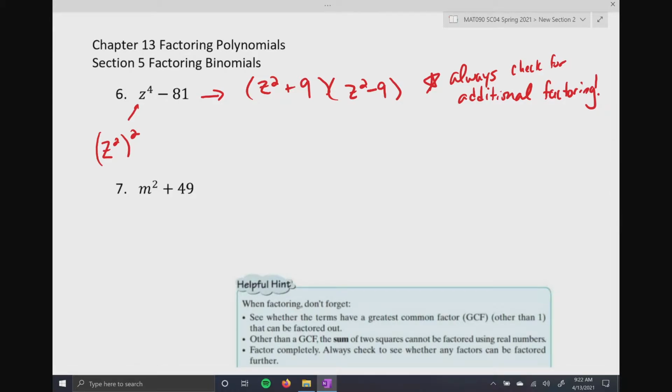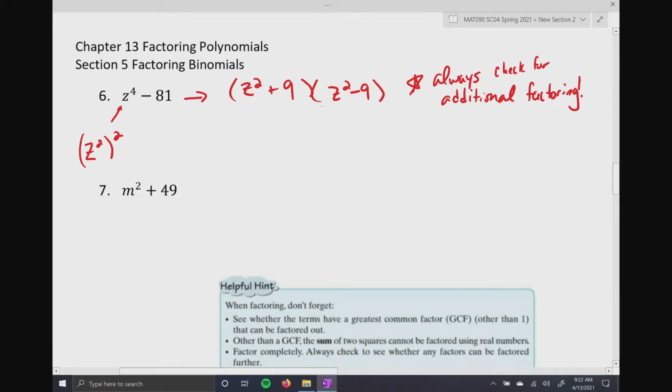Because when you factor z to the fourth minus 81, initially you get z squared plus 9 and z squared minus 9. And this is the difference of squares again.